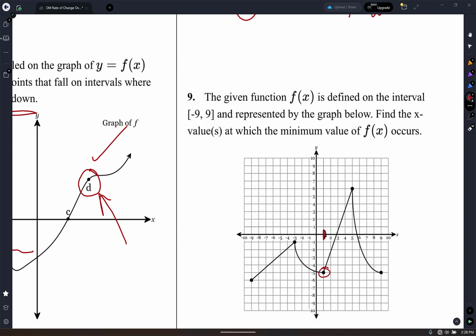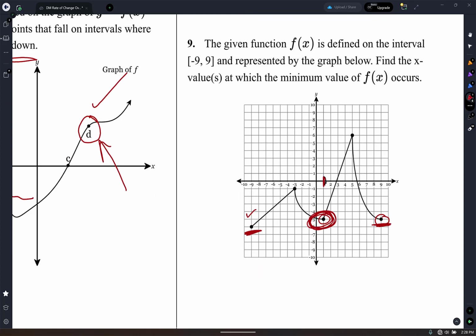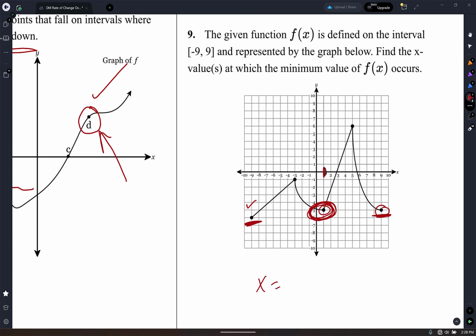And I want to say -9 is a relative min, and 9 is a relative min. Sometimes I don't call those relatives. But isn't this the lowest point in the vicinity? So all these three I would count as relative mins. X equals -9, 1, and 9.